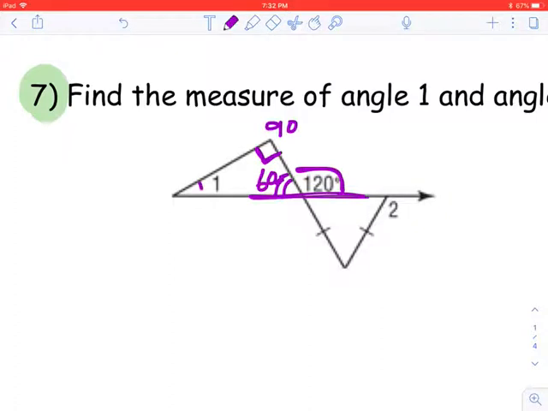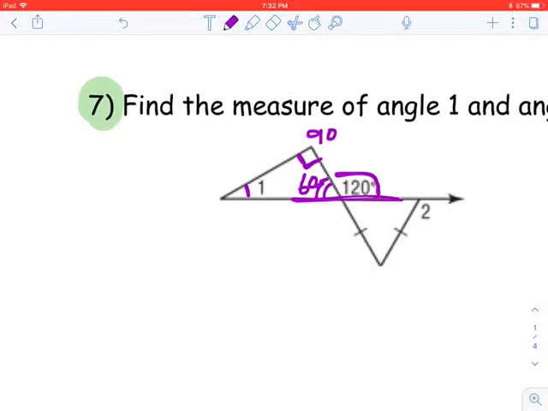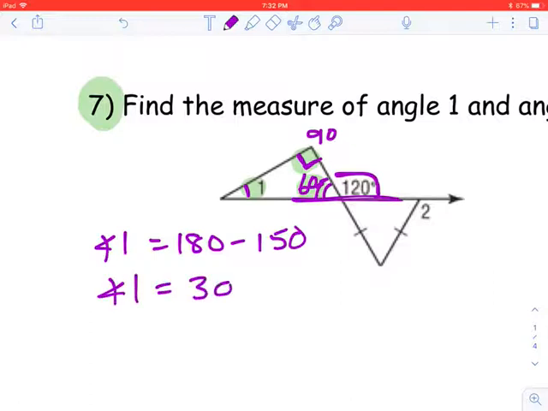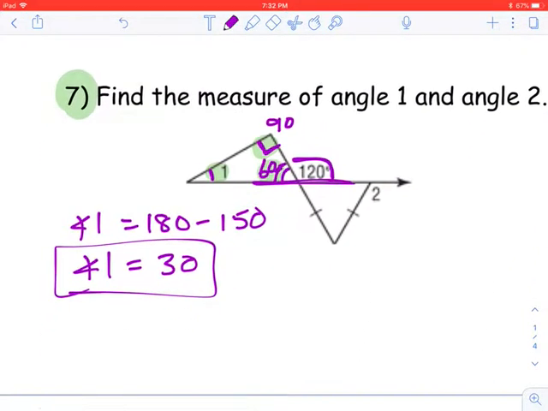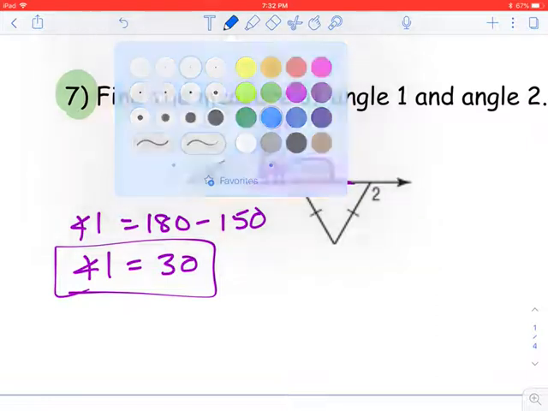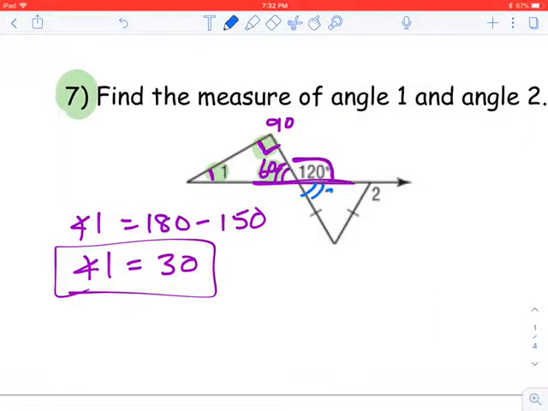And so to find angle 1, I'm just going to add those 3 angles together. 90 plus 60 plus angle 1 is 180. So angle 1 is going to be 180 minus 150, because 60 plus 90 is 150. So angle 1 equals 30 degrees. Now, looking at the same thing here, if this is 60, this is also 60.